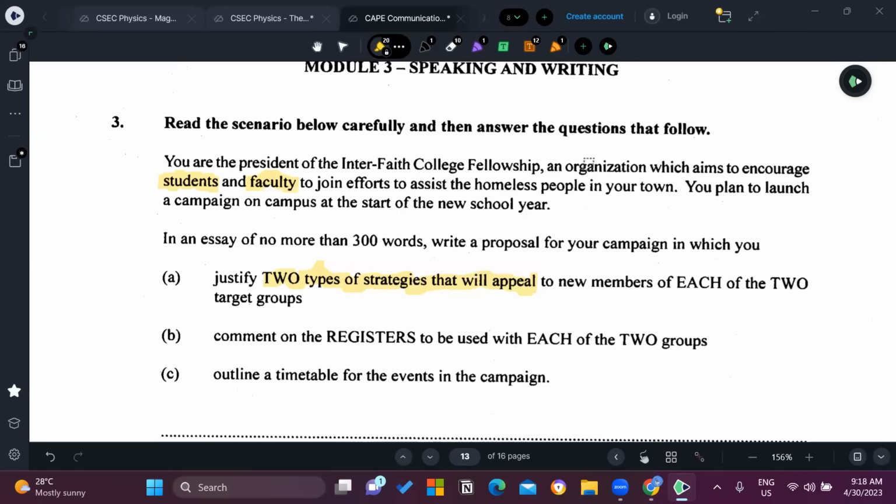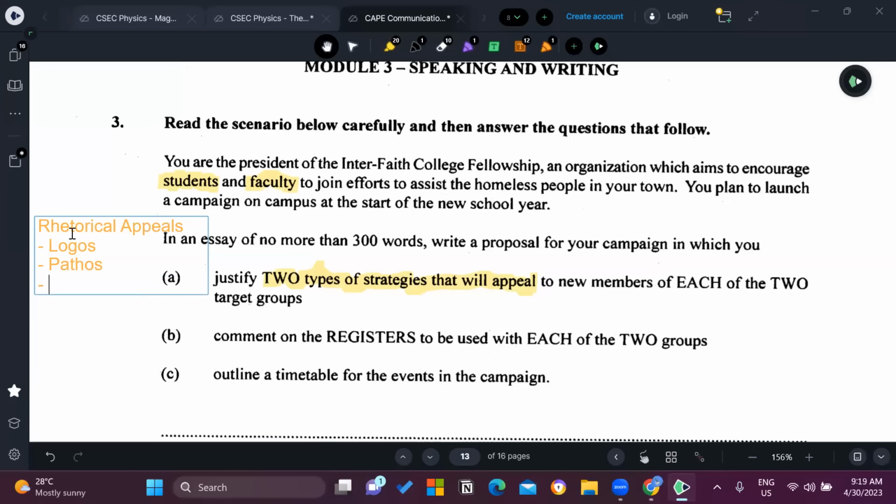Yes and no. When they refer to appeals in Module 3, we're talking about rhetorical appeals. And that includes logos, or appeal to logic, pathos, which is for emotion, and the last one is ethos, or appeal to ethics or morals.